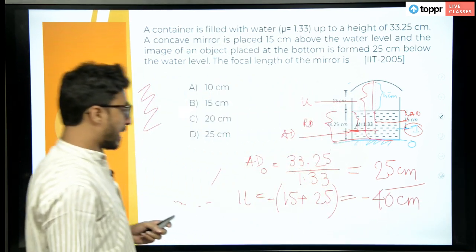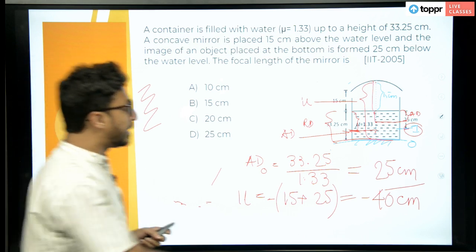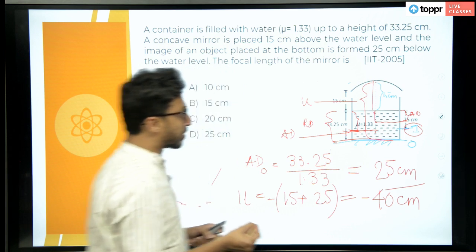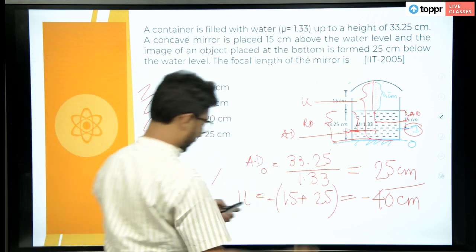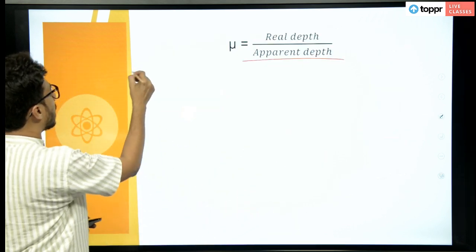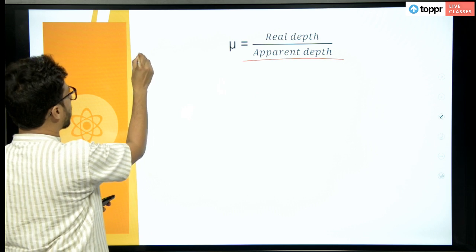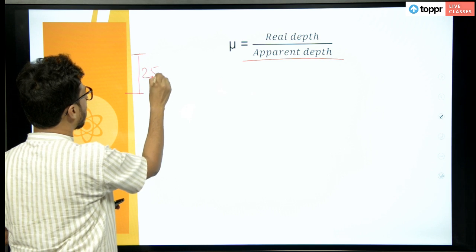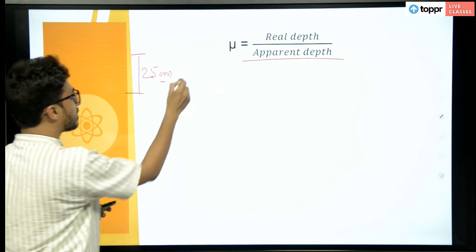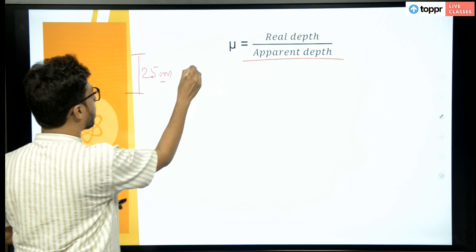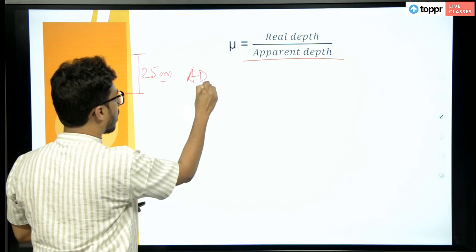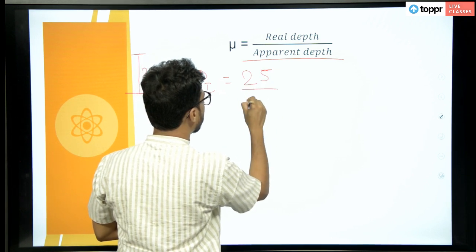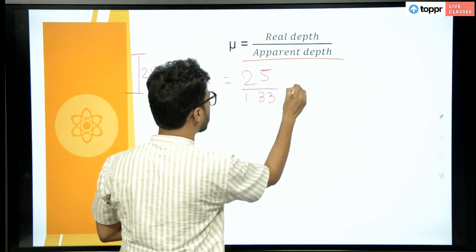Similarly, we have to calculate the apparent depth of the image, right? For the apparent depth of the image, if you remember, the image is at 25 centimeter. So the apparent depth of the image is 25 divided by 1.33.